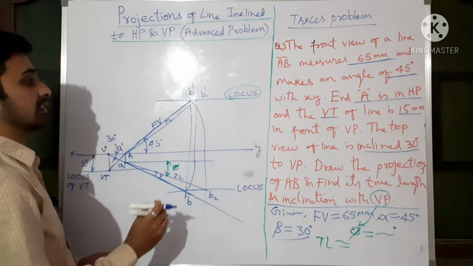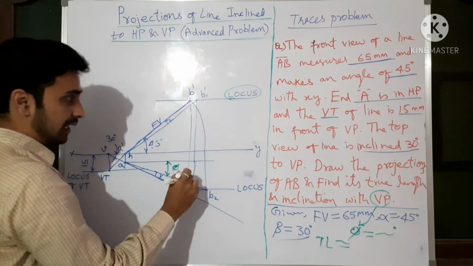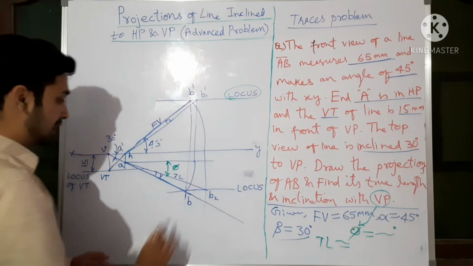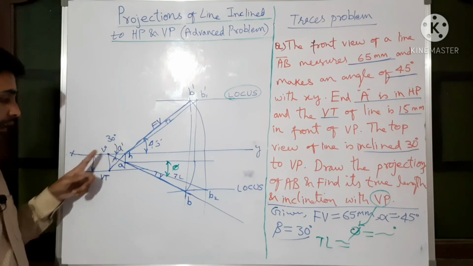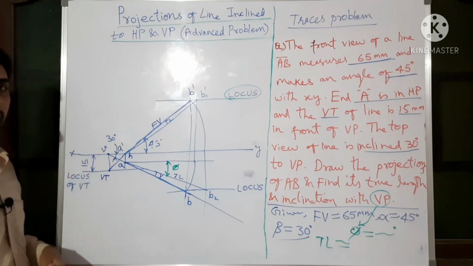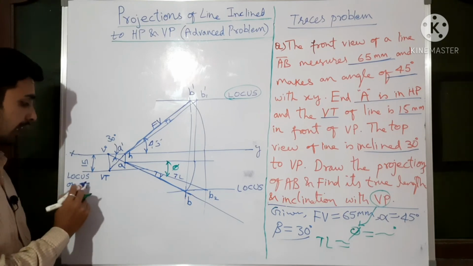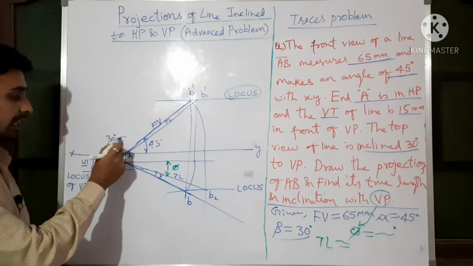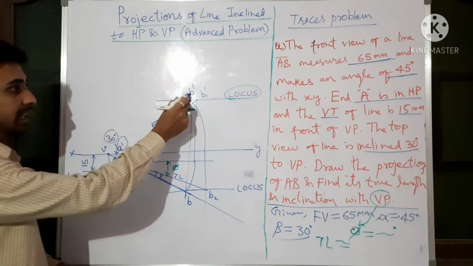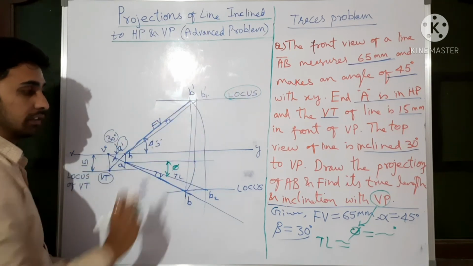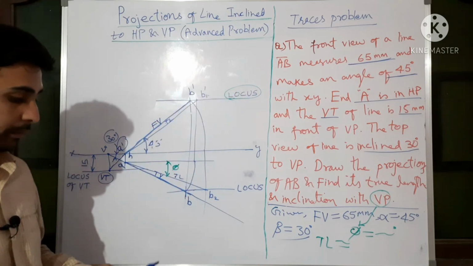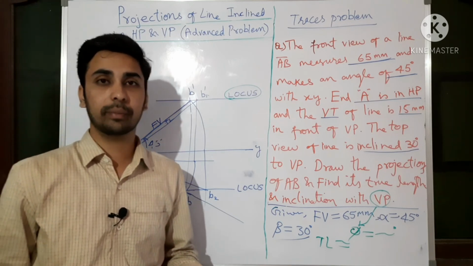Then the rest of the things like locus line, projector, rotation, this construction line, this angle, dimension, everything is of light color. Then the writing of text like VT, A dash, 30 degree, B dash, B1 dash, this text, locus, all those things you can also keep with medium line. Now what is dark, what is medium, what is thin?